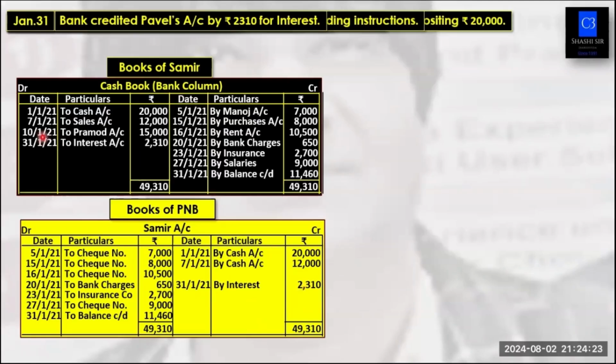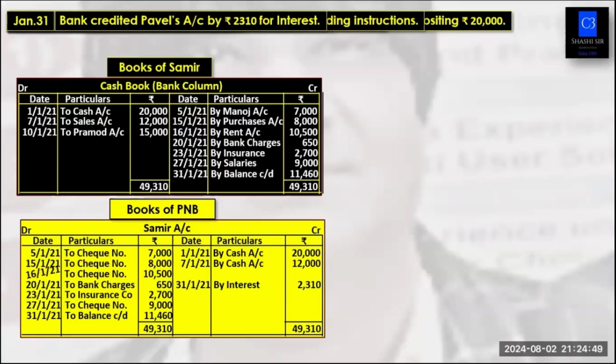In this case also, suppose bank did not inform us and we don't know anything about this interest, and this entry is not there in the cash book. The entry has gone out. So this entry is appearing only on the credit side of passbook.